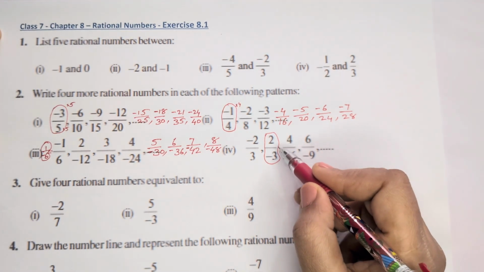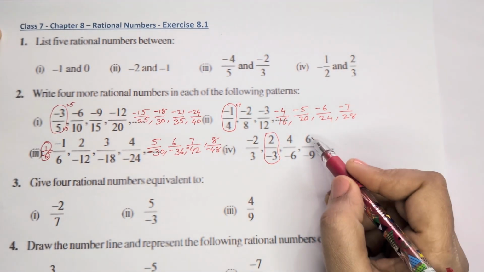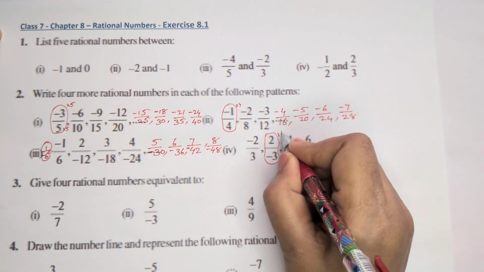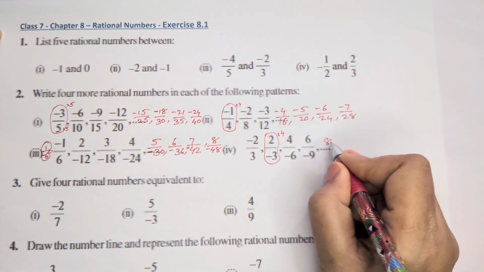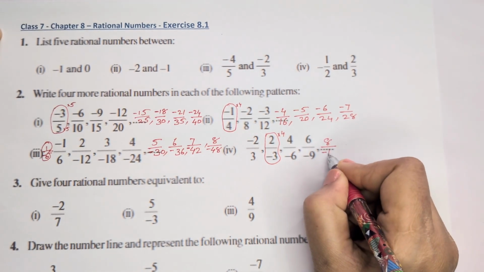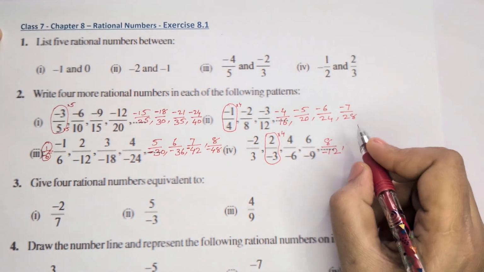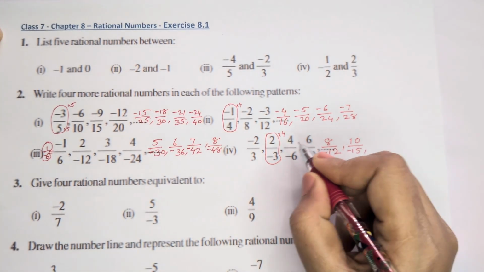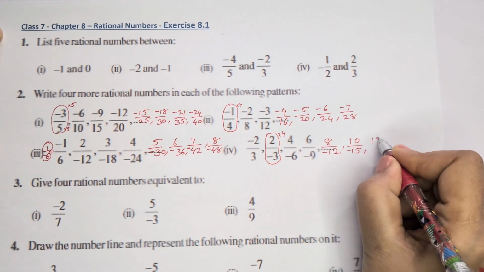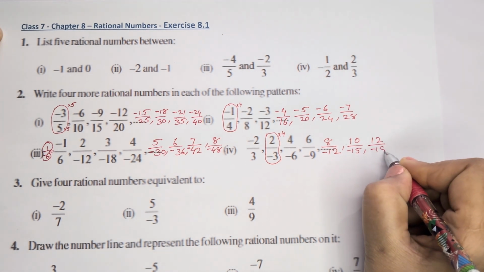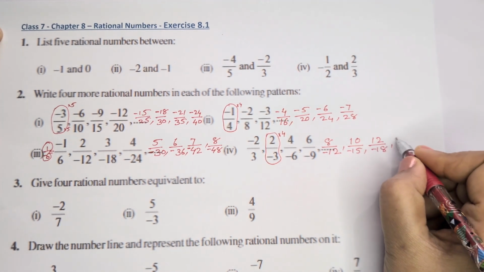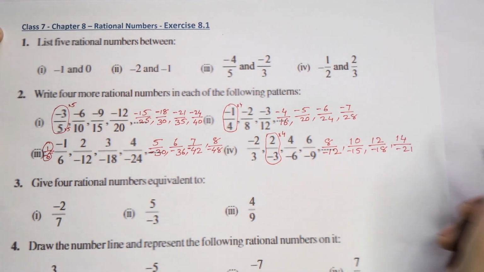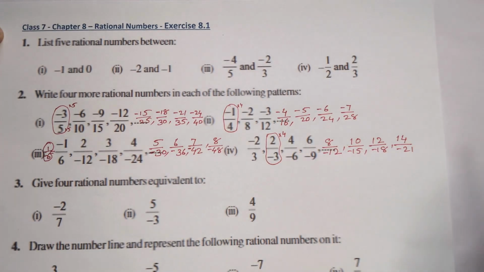When we are multiplying this fraction with 2, 4 by minus 6, then by 3, 6 by minus 9, then by 4, 8 by minus 12, then by 5, 10 by minus 15, then 6, 12 by minus 18, then 7, 14 by minus 21 are the next 4 terms.